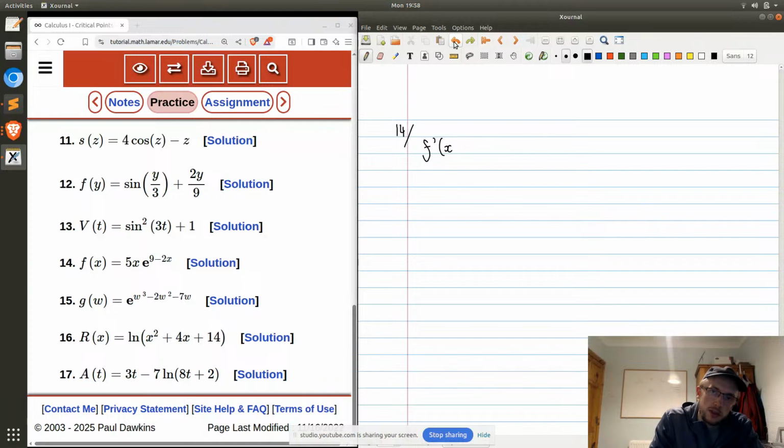First, just noting where. No, it's defined on all values. Okay, that's fine. Okay, so 5 e to the 9 minus 2x plus that'd be minus 10.